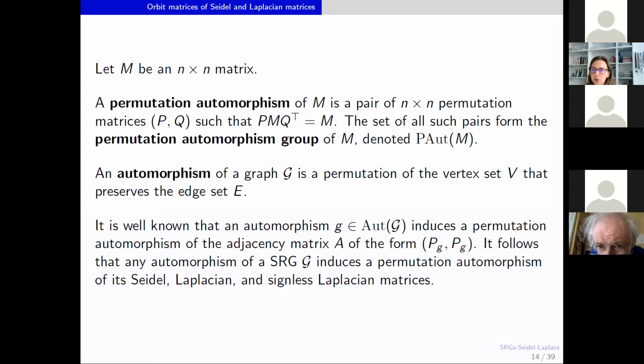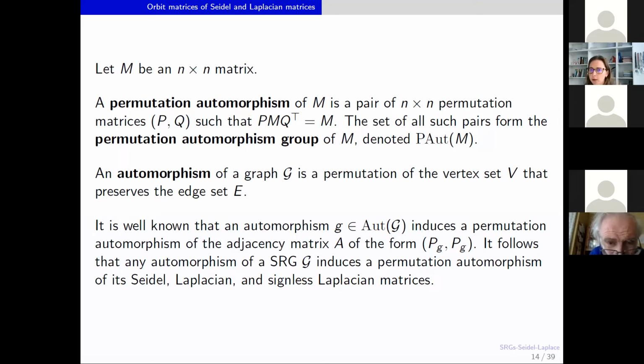A permutation automorphism of the matrix M is a pair of n times n permutation matrices P and Q, such that this expression holds. The set of all such pairs forms the permutation automorphism group, which we will denote by PAut(M).